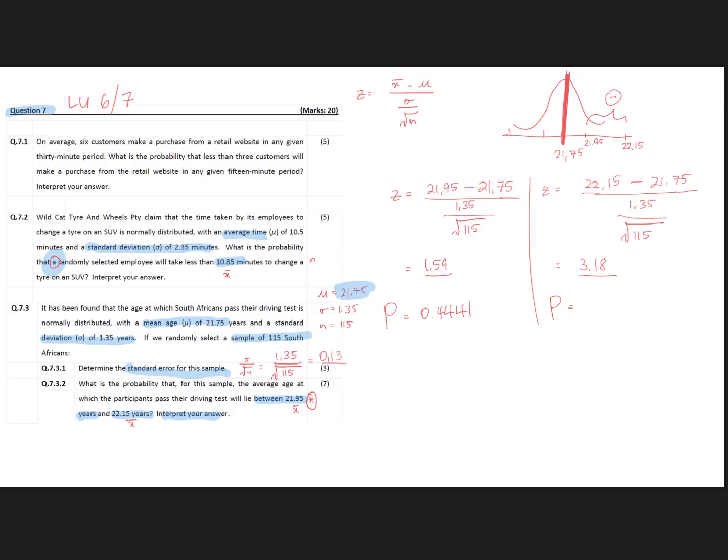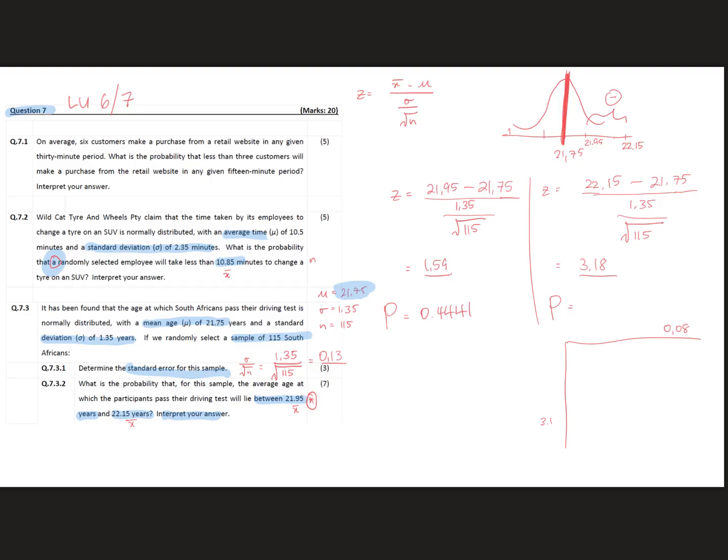So this is 0.4441. Then for the next one, 3.18, again, you'll look for 3.1 in your first column, coming down that first column, and then the 8, it will be 0.08, somewhere towards the end. It's a second last column generally.